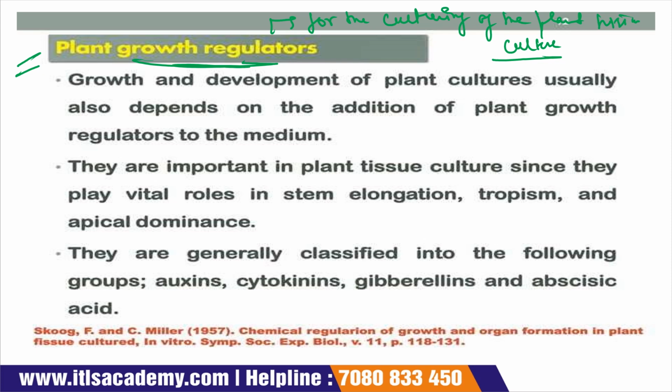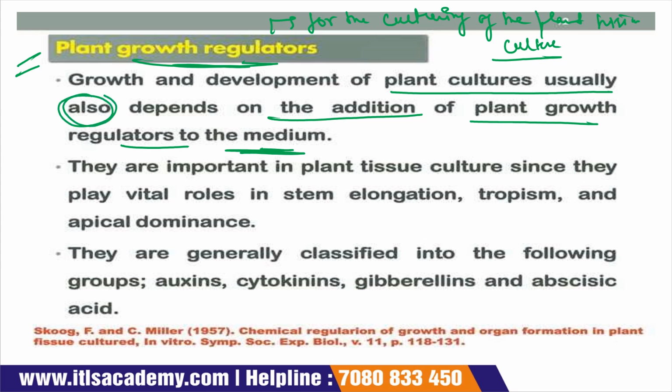Growth and development of a plant culture usually depend upon the addition of plant growth regulators to the medium. Here you see it is also written that nutrition is required, and this nutrition is obtained from the media, but along with nutrition these plant growth regulators are also required for the growth and development of the plant culture.